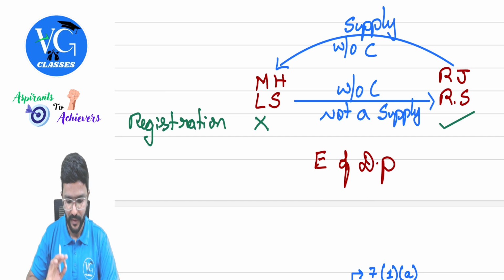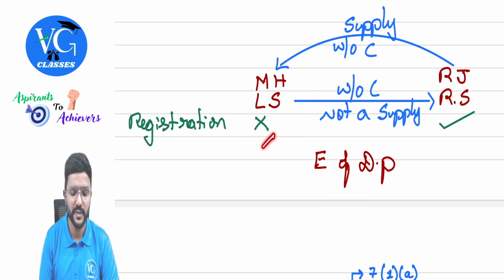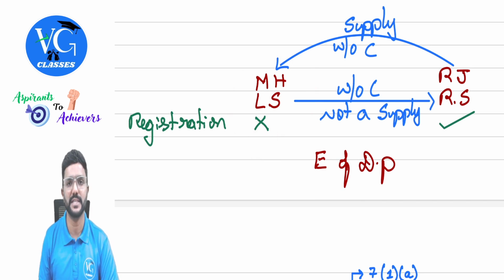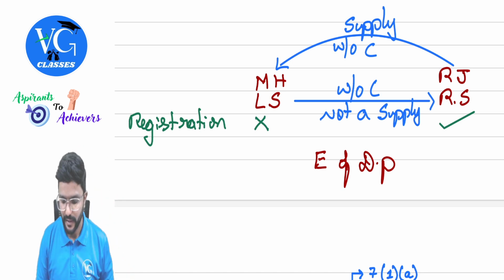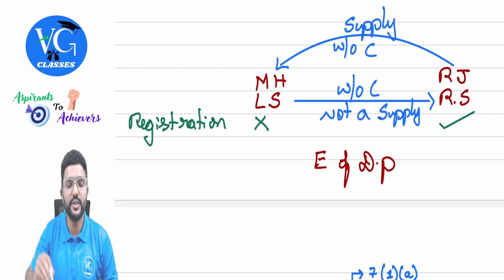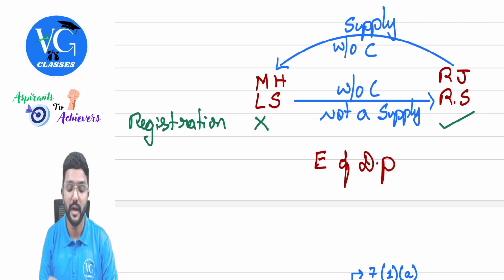Okay, one more example. Assume I have a liquor shop in Maharashtra, which is outside GST, so I need not take registration in Maharashtra, assuming I am supplying only liquor there. Then in Rajasthan, I have a restaurant which is covered under GST, so I have taken registration in Rajasthan. If in Maharashtra I had a restaurant along with the liquor shop, I would need to take registration there also.